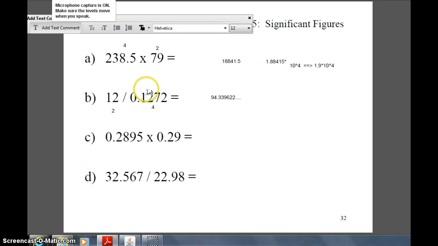Since I'm supposed to report it only in 2 significant figures, again I'm going to start from the left hand side and stop after the second significant figure. So I'm going to check right after the decimal what that number is. Since that number is 3, which is less than 5, we will need to round it down, and we will report 94 as our final answer.